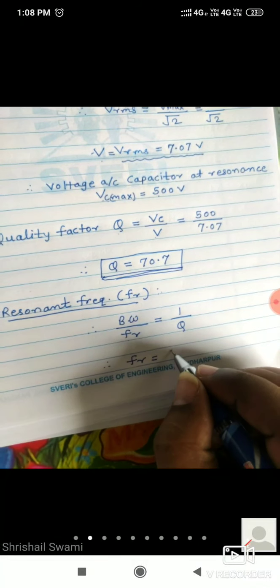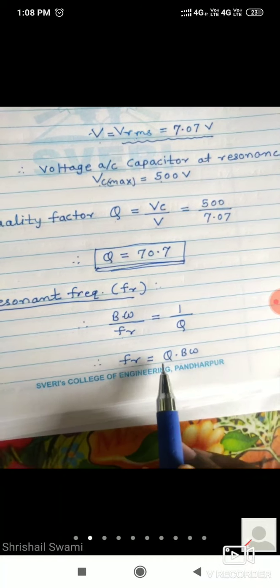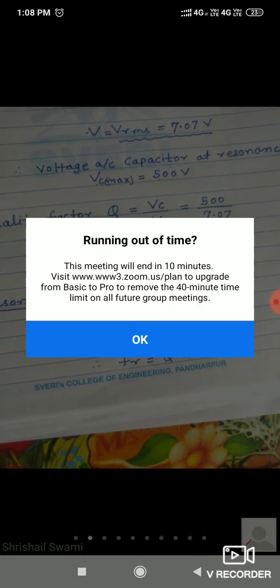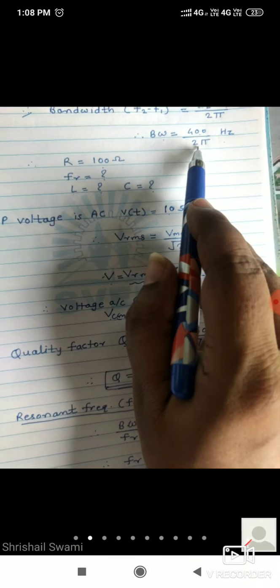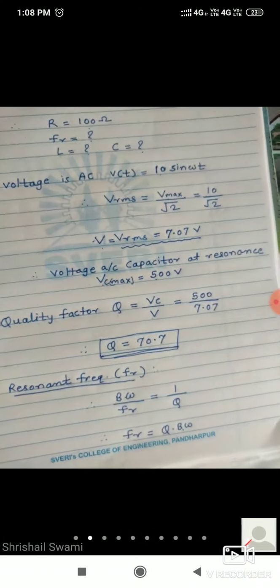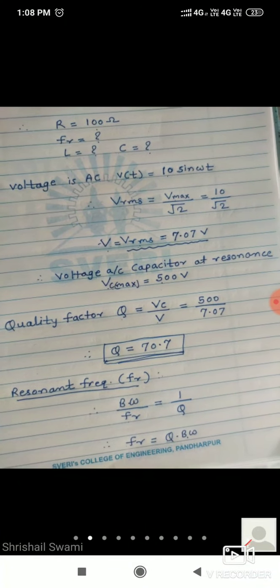FR you can take on one side. So FR is equal to Q into bandwidth. So put the values. Q is 70.7 and bandwidth in hertz, you don't have to put 400. You have to put this value 400 divided by 2 pi. So put the values and tell the resonant frequency.